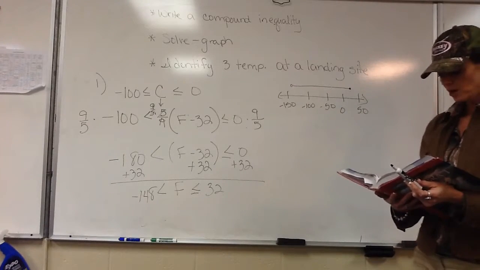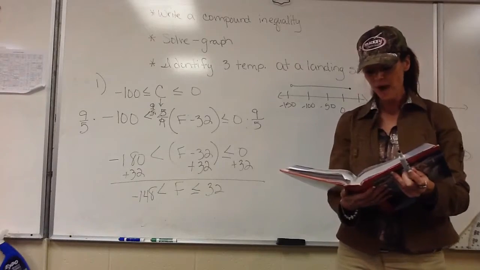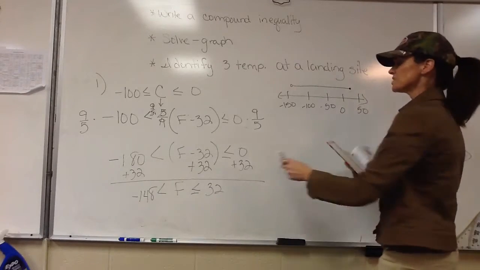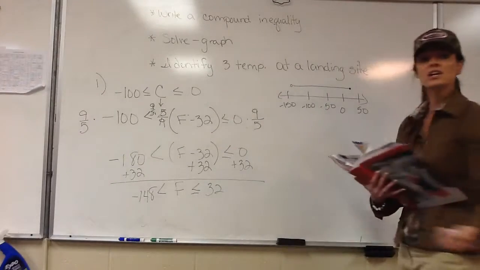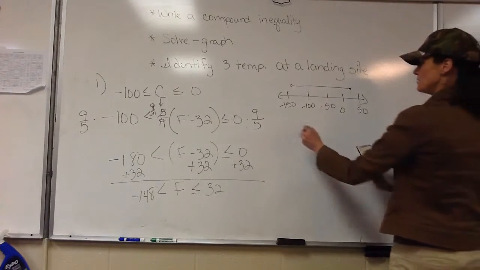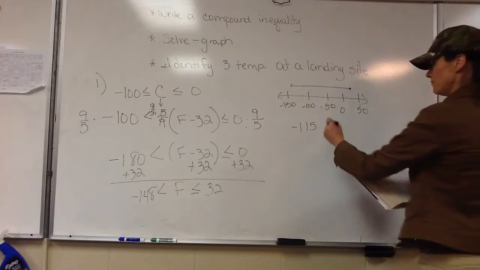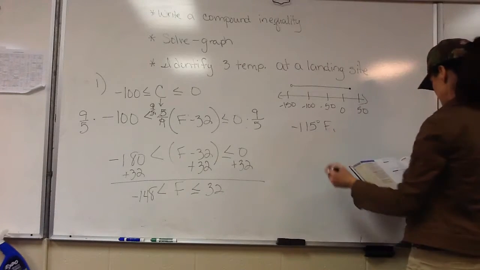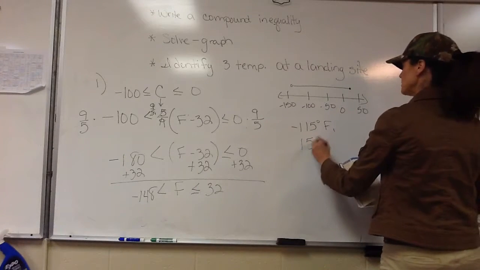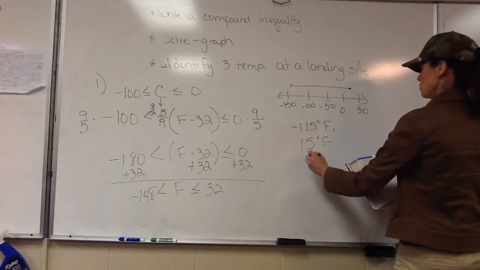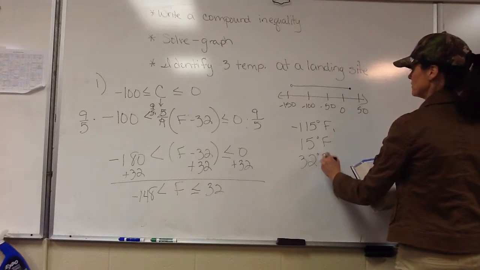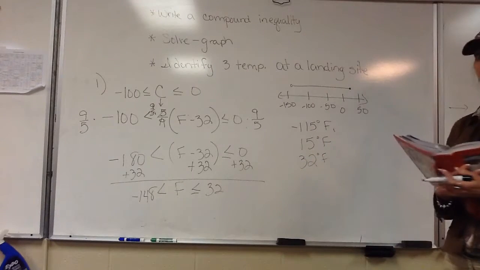And then it said to identify three possible temperatures. That's temperatures that would fall in between these, so you could pick anything. Negative 115 degrees Fahrenheit could be a temperature, 15 degrees Fahrenheit, and 32 degrees can certainly be a temperature because we can be less than or equal to that.